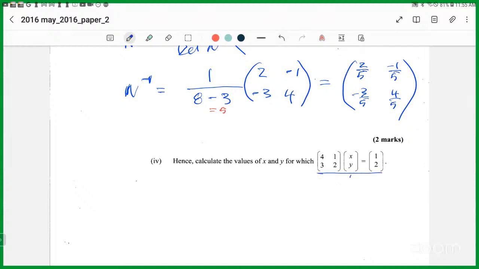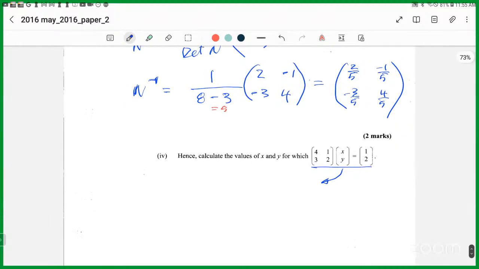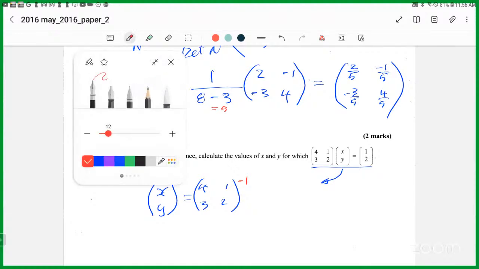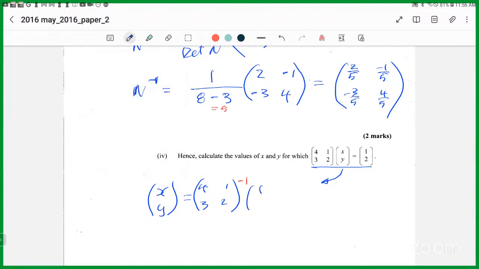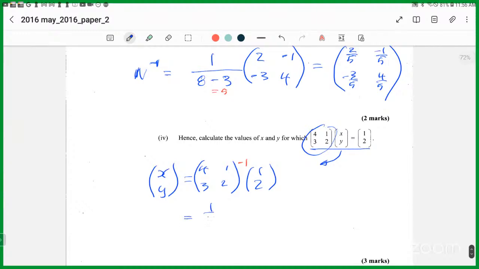So this equation, transposed into matrices, the xy becomes the inverse of 4, 1, 3, 2, with the minus 1 on it, multiplied by 1, 2. I've taken this matrix and brought it to the front on the other side as the inverse. So then this becomes equal to 1 over 5 times 2, minus 1, minus 3, 4.